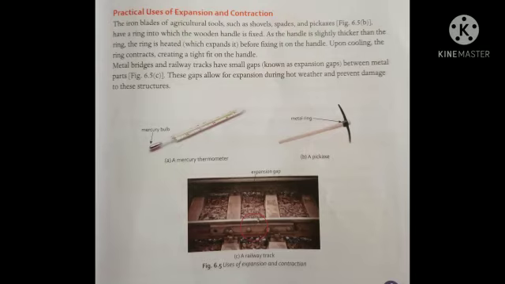This is the practical use of contraction. The practical use of expansion I have already told you before: railway tracks have small gaps between them, left because rails expand in hot weather. This is the practical use of expansion.